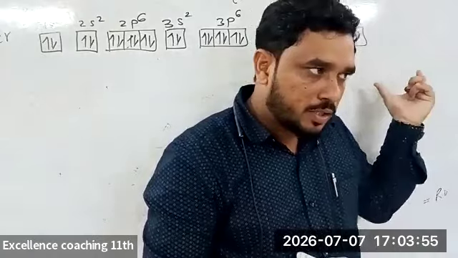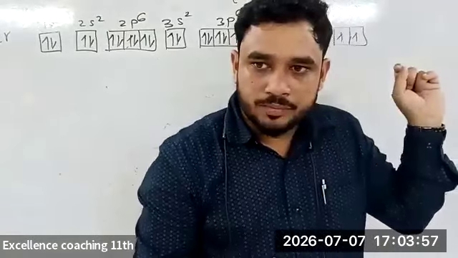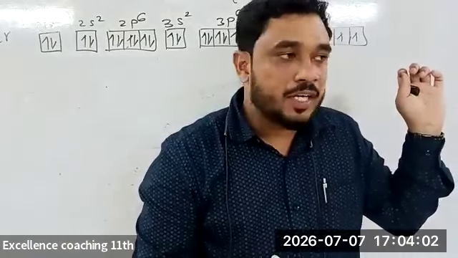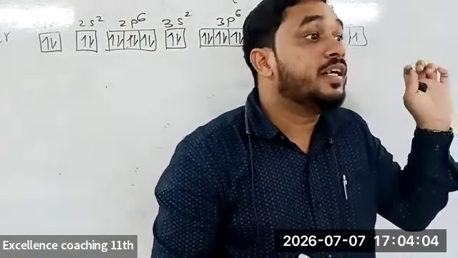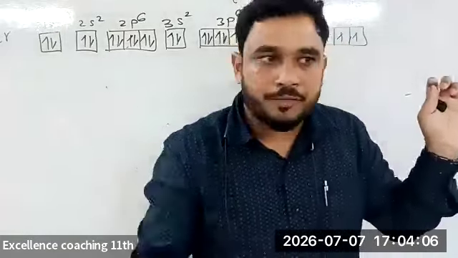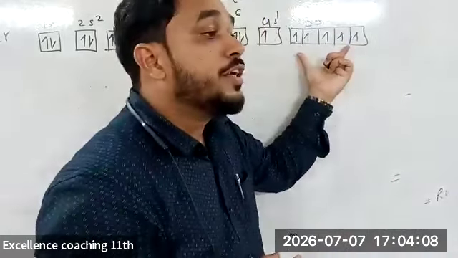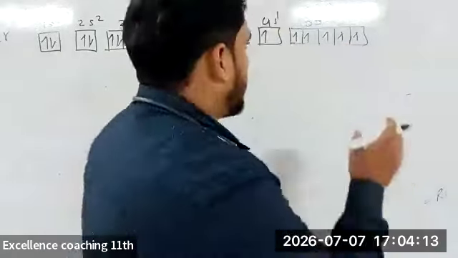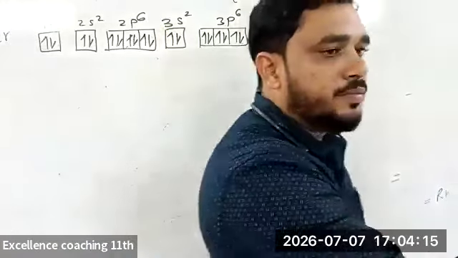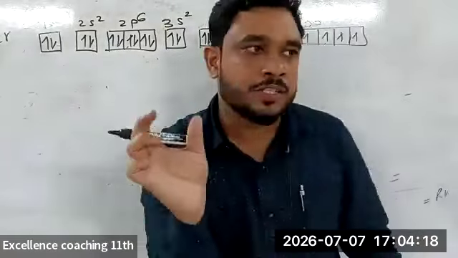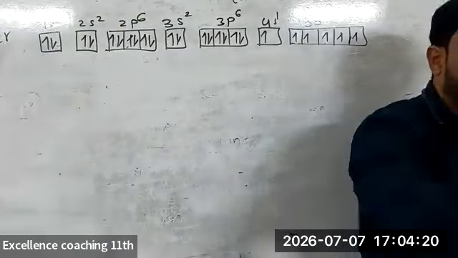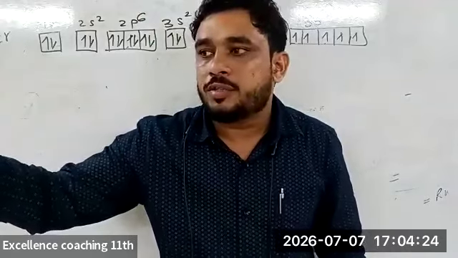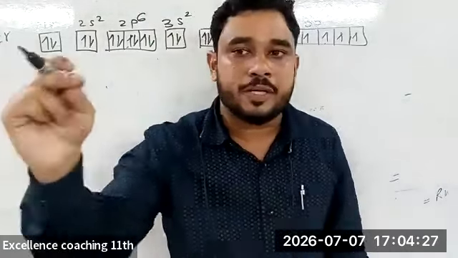Why is that one electron going from here to here? 3d5 is a stable half-filled configuration. Half-filled configurations are called what? Stable configuration. Okay. And the energy gap between 4s and 3d is what? Very small. So the one electron from 4s can easily jump to 3d to attain what? Half-filled stable configuration.